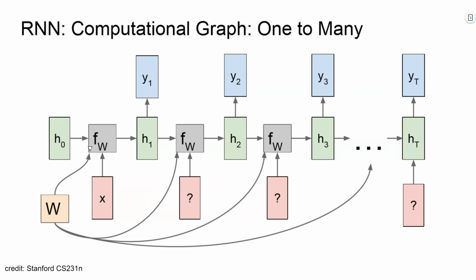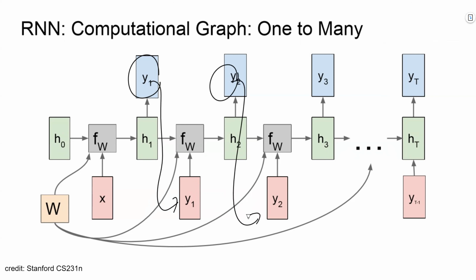There are two options. The first option is just inputting zeros at every time step. Another option is we input the previous output. So this output becomes the next input, and that one becomes the next input.